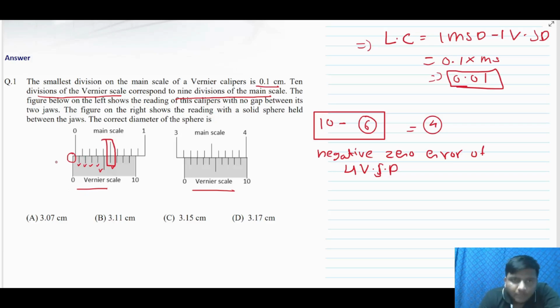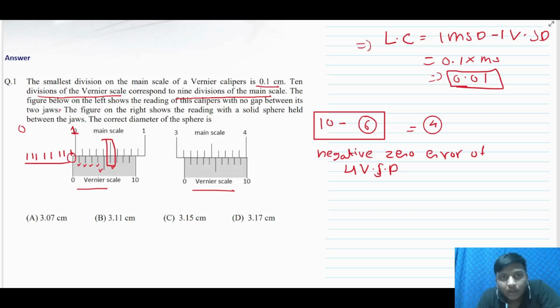It's always confusing whenever the Vernier scale is quite shifted backward from the 0. Why do we use this concept of 10 minus 6? Suppose we redraw it and draw another 0 backward, which is actually a minus 1. There are 10 divisions, so after 10 units it will match again.